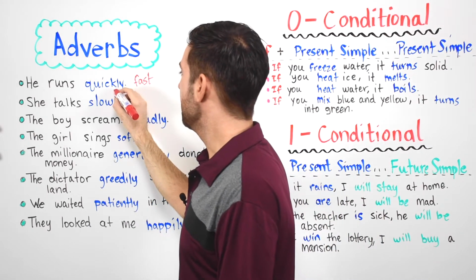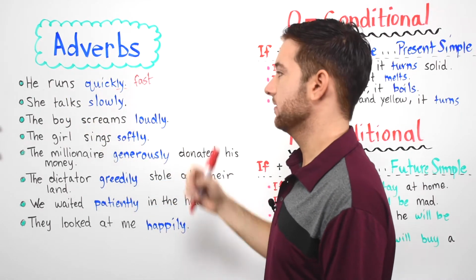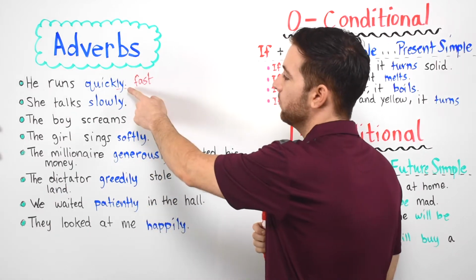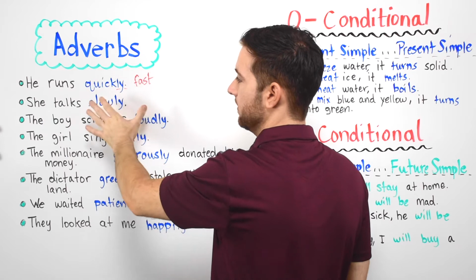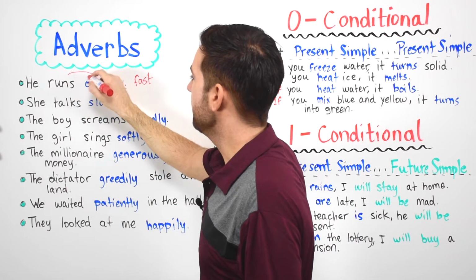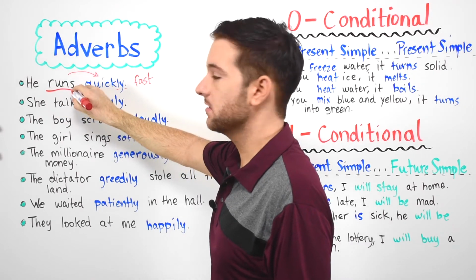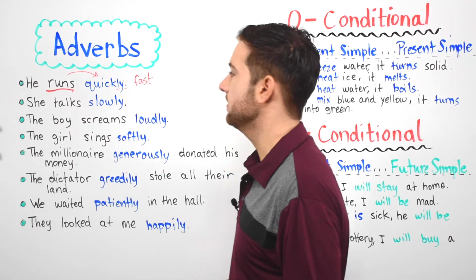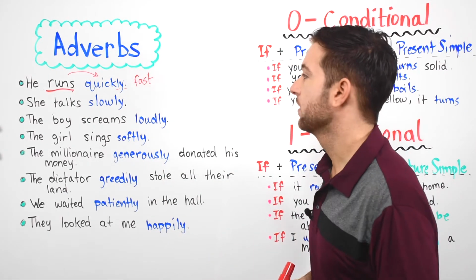Notice that we have ly right here. Instead of quick, we have to say quickly. And notice how it comes after the main verb. The main verb right here is runs, third person singular with an s at the end, coming from the verb to run.